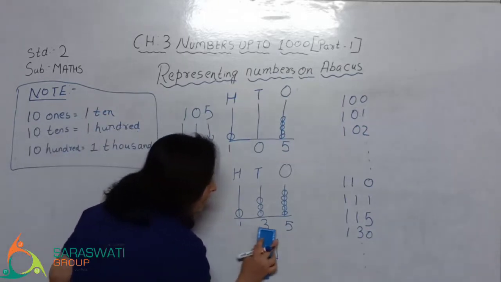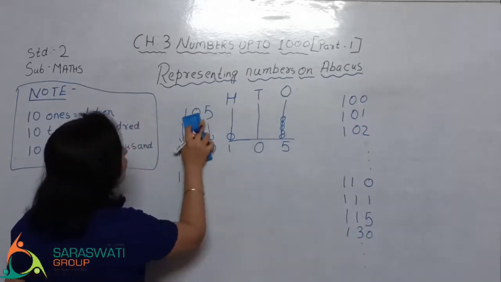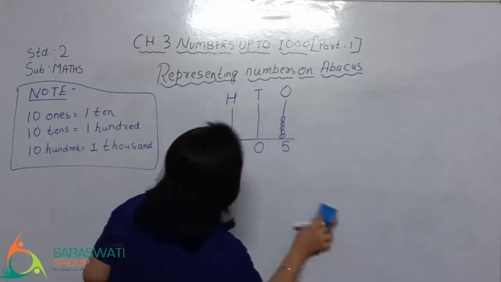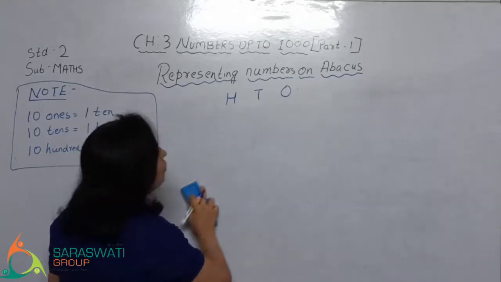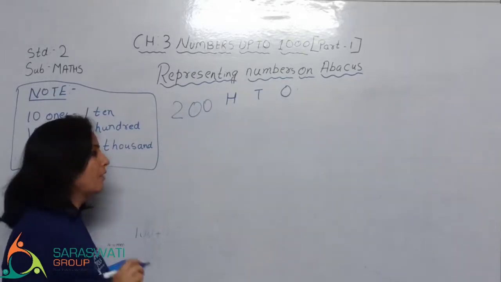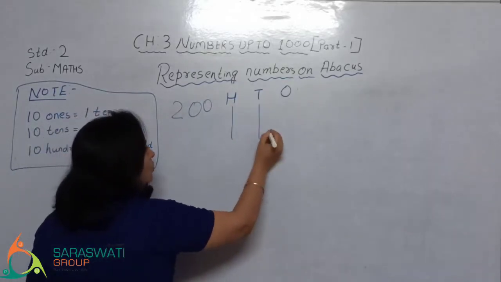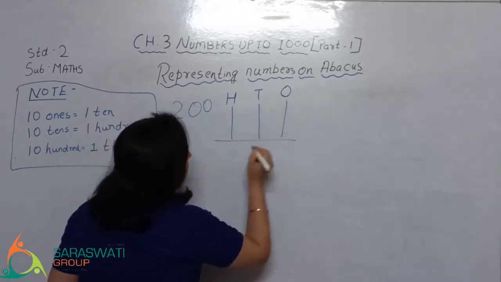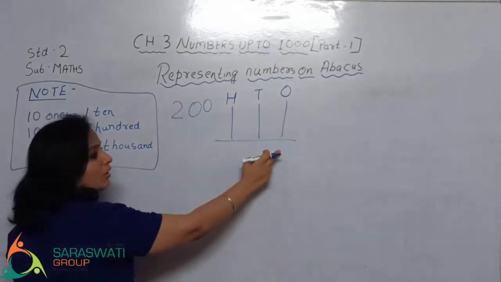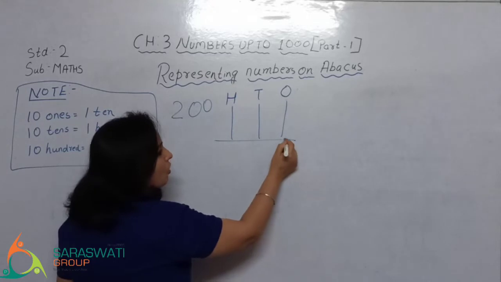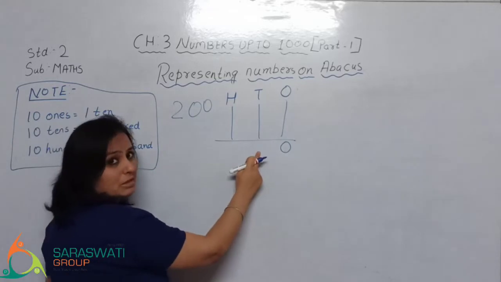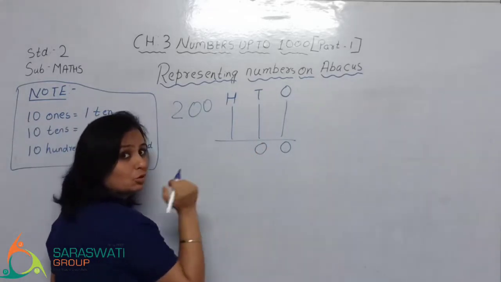Now let me take one more example. I will go for 200. Okay. So for 200, what I will write? 200. Right? This makes 200. So for that, 1 line, 2 line, 3 line. Now what will I write at ones place? You can see there is 0. So nothing has to be written. Nothing has to be drawn. Only 0 has to be written. Then at tens place, it's again 0. So यहाँ पे भी 0 आ जाएगा. और no beads क्योंकि कुछ भी नंबर नहीं है.